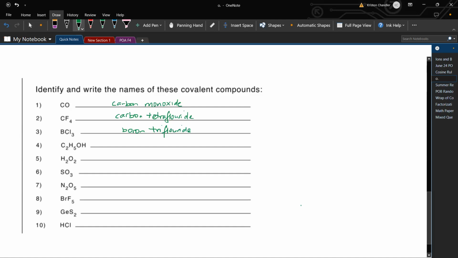And then this one, C2H5OH. Might have been a little challenge. Ethanol, very good.